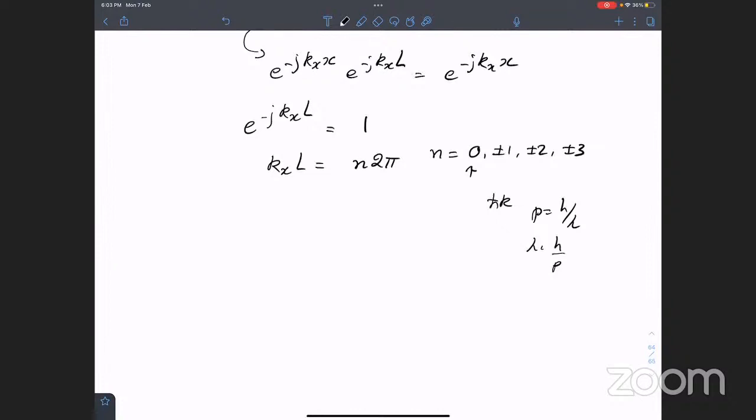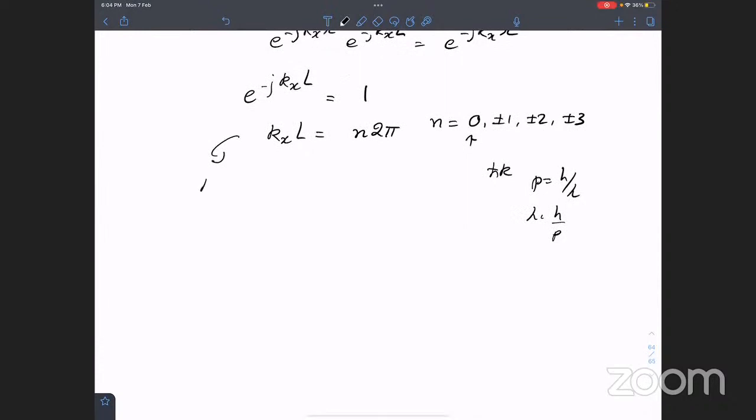All right, so what are the values that kx can take? It can only take values 2n pi by L, or n times 2 pi by L. Let us call this number nx, into 2 pi by L. Now nx becomes my x quantum number.